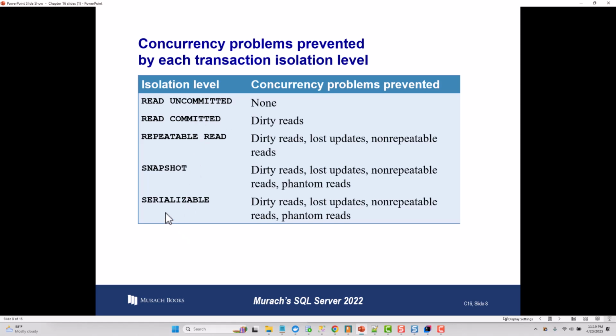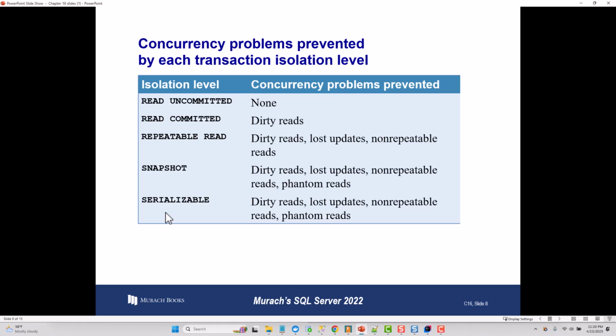So obviously, if we want to make sure that we don't have any issues whatsoever, we can go ahead and set it to serializable. There are other ramifications by setting it to serializable, because we have more of a chance of having transactions backing up, waiting for everything to finish for that serializable type transaction that's being processed.